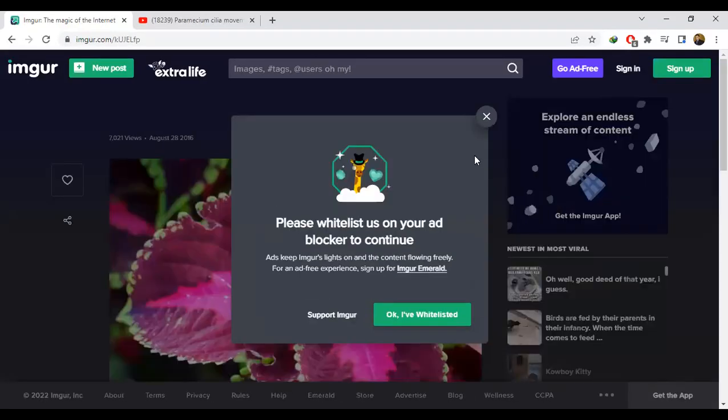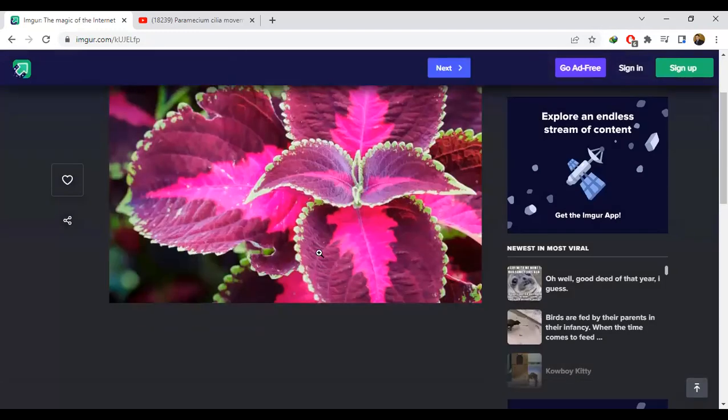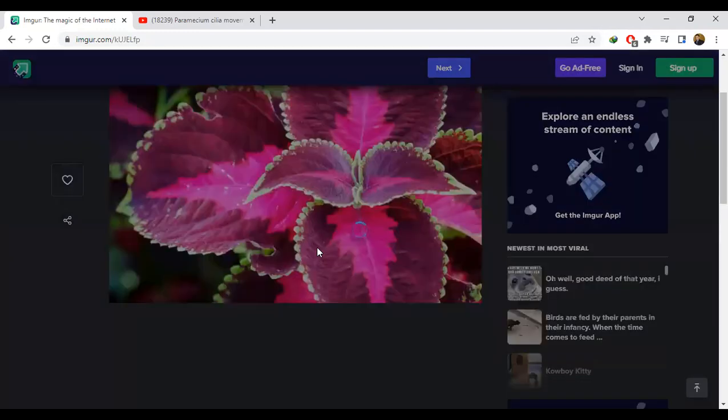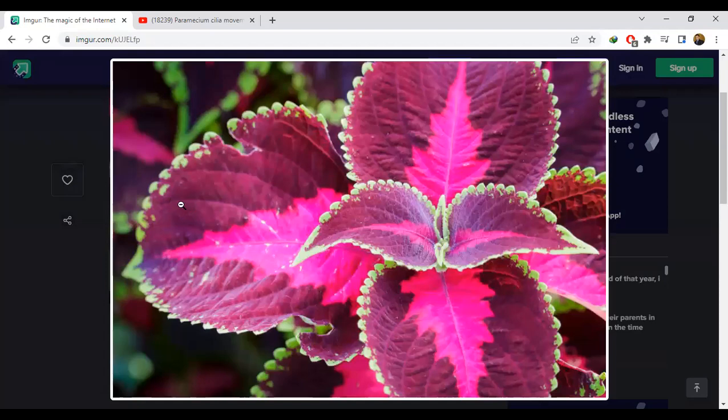Yes, sir. That pinkish purple or red color is due to the pigment called anthocyanin. It is stored in the cell sap, and staying in the cell sap, this color comes. Understood?